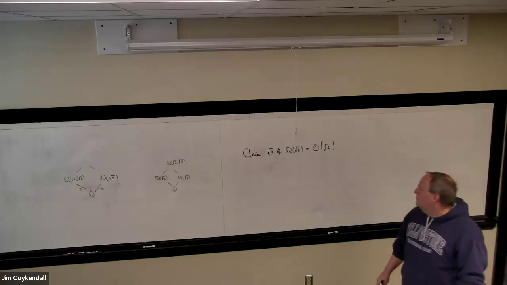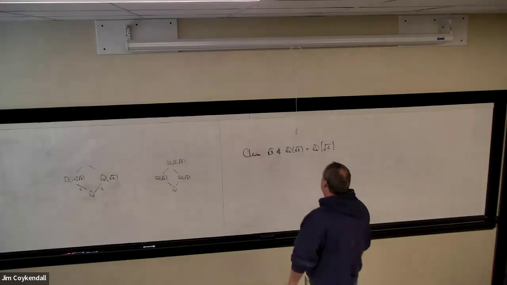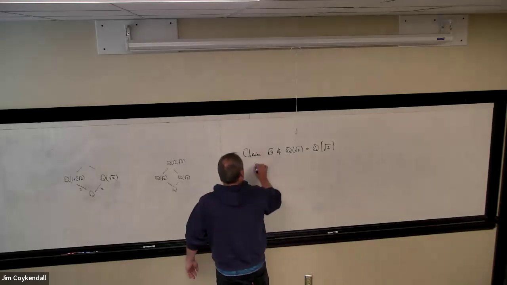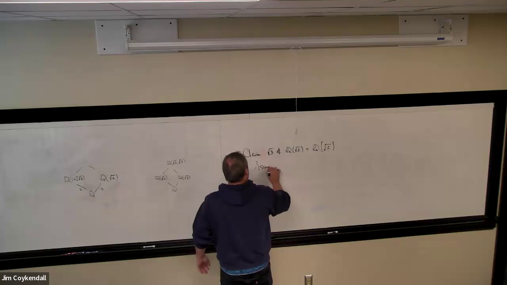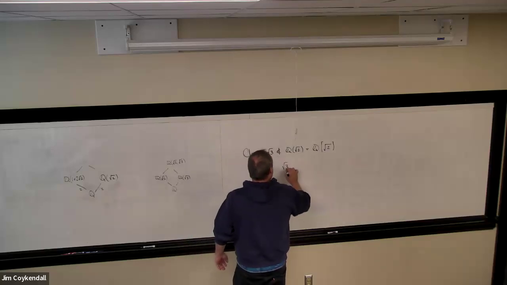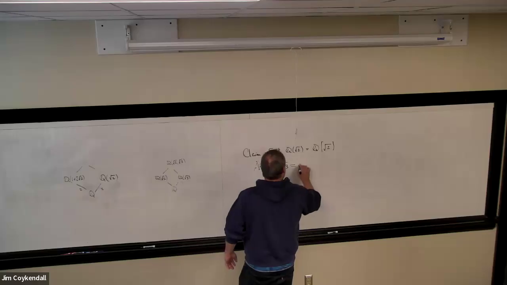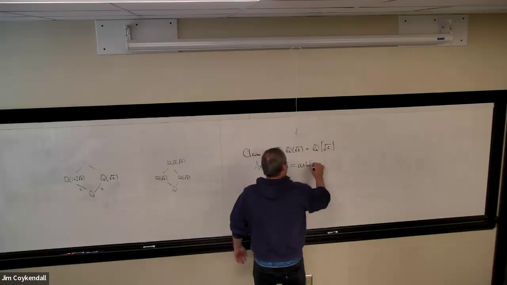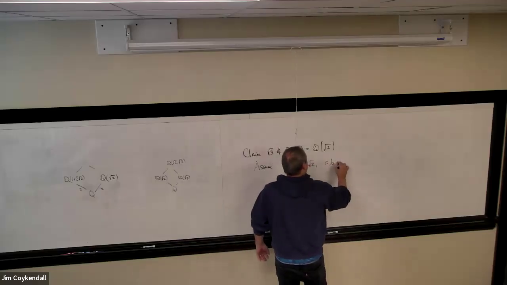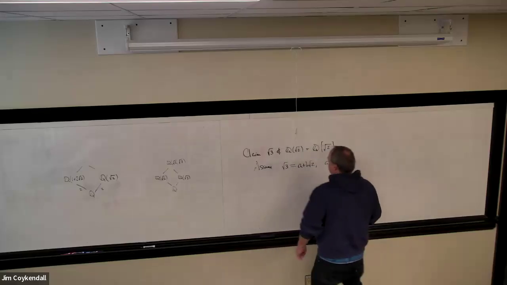And so this makes justifying this claim easier. Let's assume radical three is equal to a plus b radical two, for some a, b in the rational numbers.